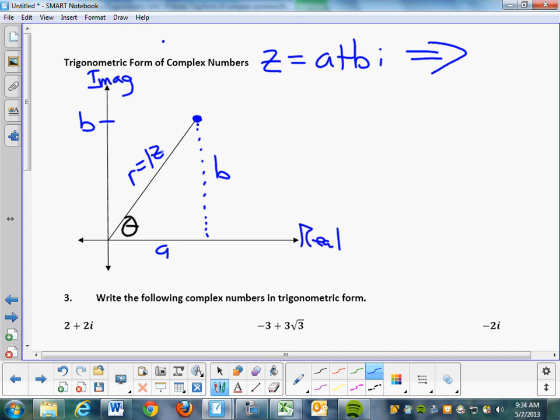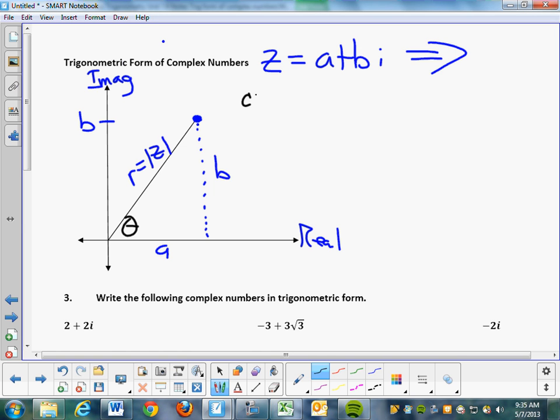That's equal to the absolute value or the modulus of the complex number, which is the absolute value of z. Let's stick with r, though, for this purpose, okay? And we'll define it here in just a second. What I want to do is get rid of a and get rid of b, and so I'm going to rewrite things using sine and cosine.